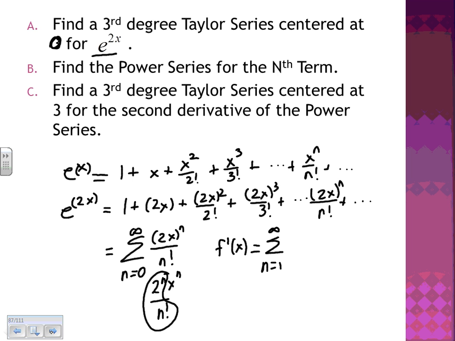No, that's just part of the derivative part. So I'm still just going to have this part going along for the ride. And then I'm going to derive this part right here. So it's going to be n x to the n minus 1. And if you wanted to simplify that, you could.